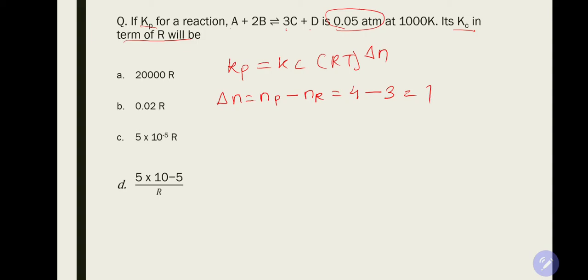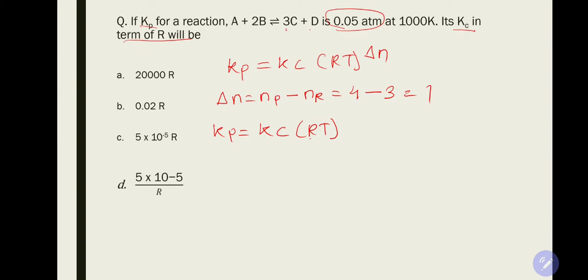So 4 minus 3 becomes 1. Substitute this in the equation, that is Kp is equal to Kc into RT. This is to the power 1, so let it remain.